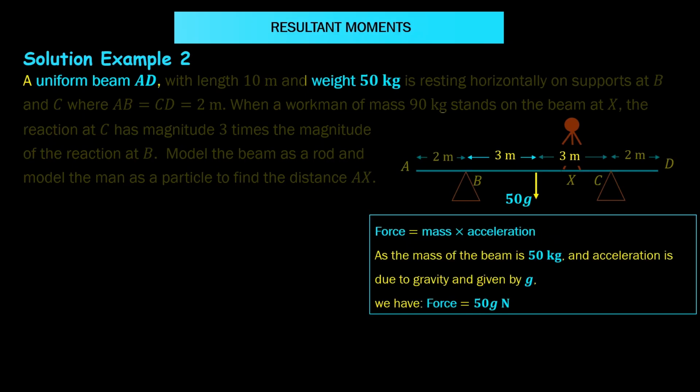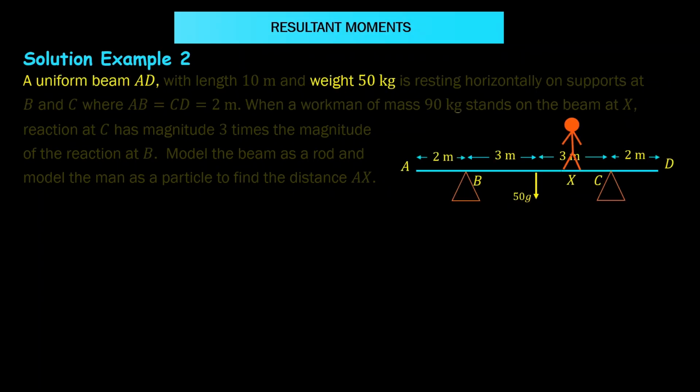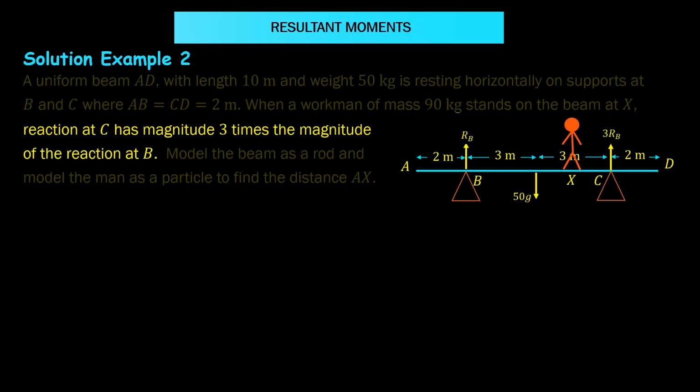Notice that since force equals mass times acceleration, and as the mass of the beam is 50 kilograms and the acceleration due to gravity is g, the force equals 50g newtons. The reaction at C has magnitude 3 times the magnitude of the reaction at B, and this is given as shown.